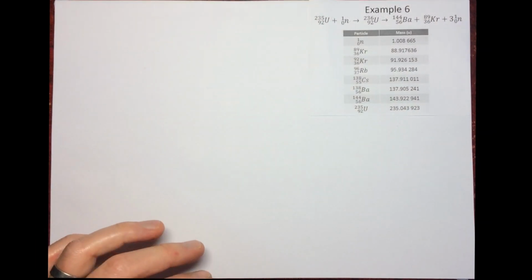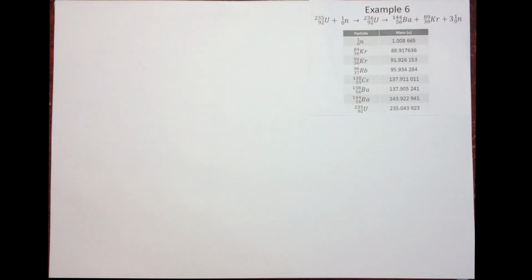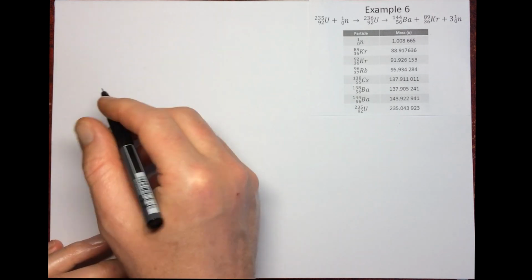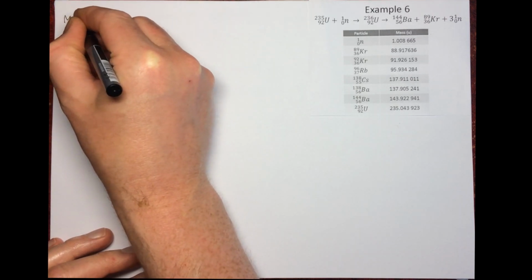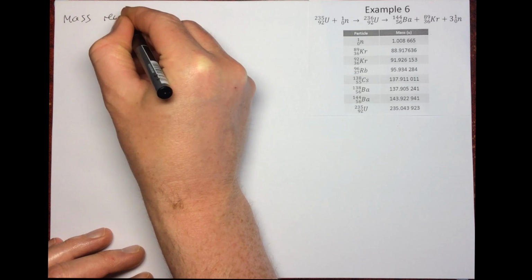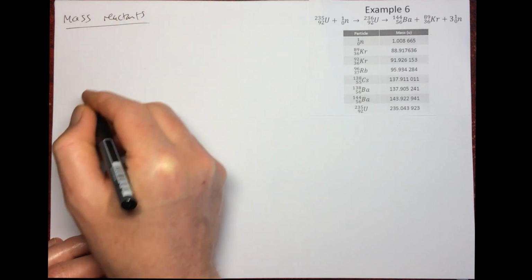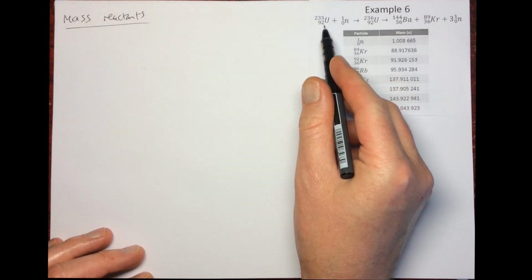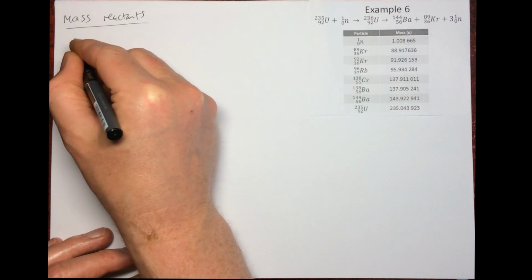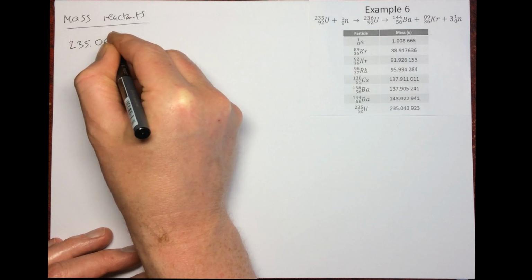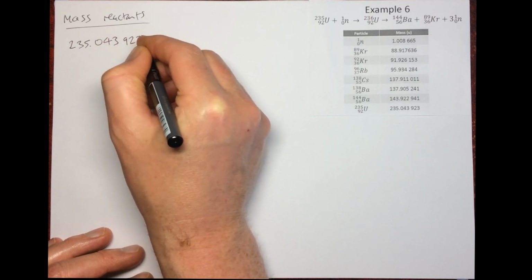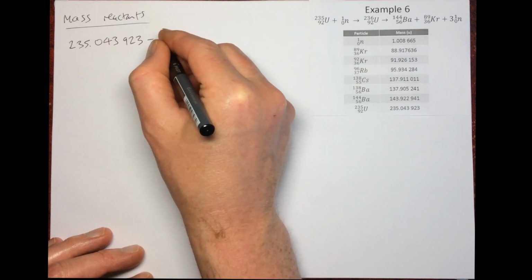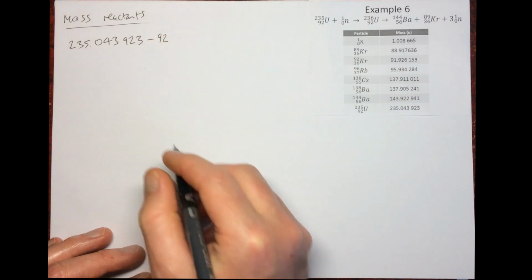Right, so what I'm going to do now is show you that actually taking the electrons off makes no difference. Let's look at the mass of the reactants. The mass of the reactants is going to be the mass of the uranium atom, 235.043923, and we're going to take away from that the mass of 92 electrons.